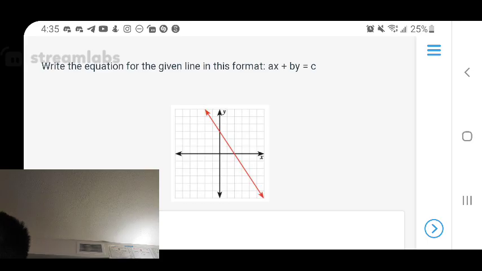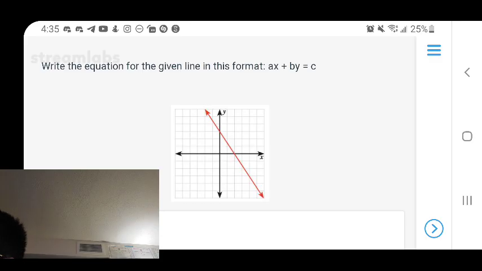You know B is 1 because 3B equals C. So let's write everything together. You want 3 halves x plus y is 3. That's the formula.